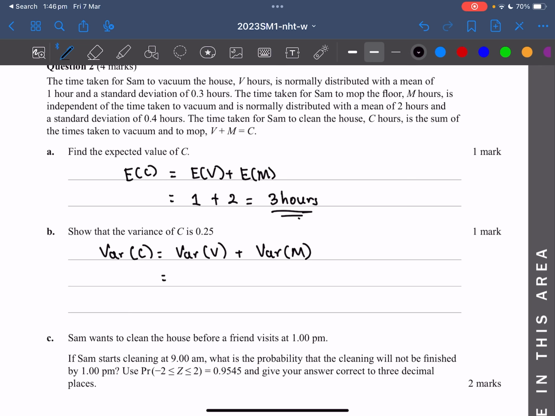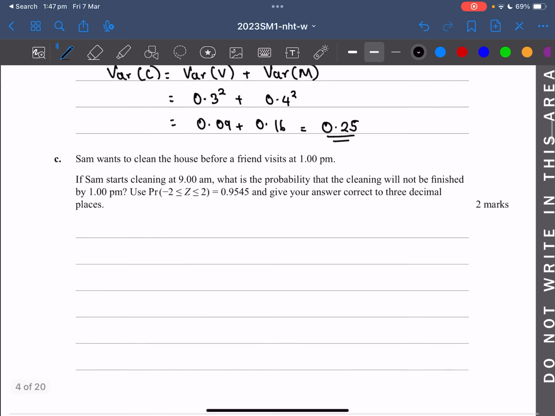So for vacuuming, it is 0.3 squared, plus for mopping, 0.4 squared. This gives us 0.09 plus 0.16, which adds up to 0.25 as required.